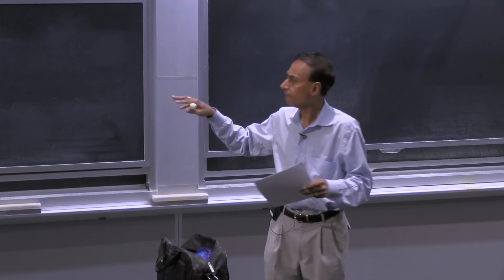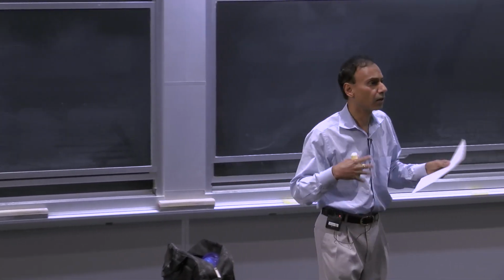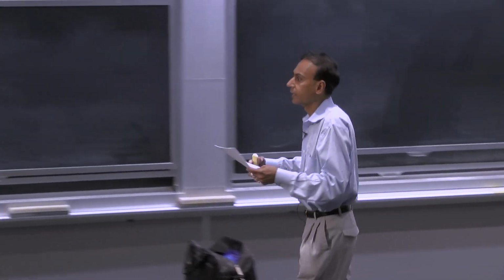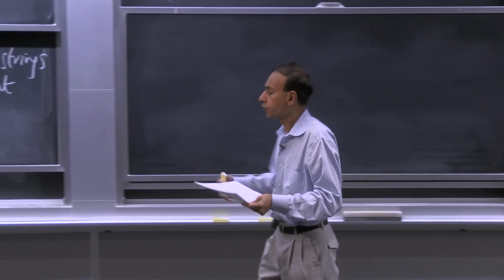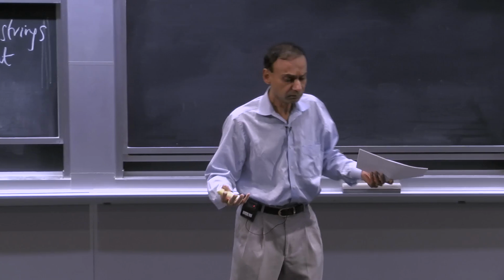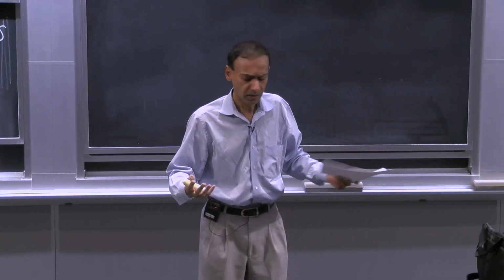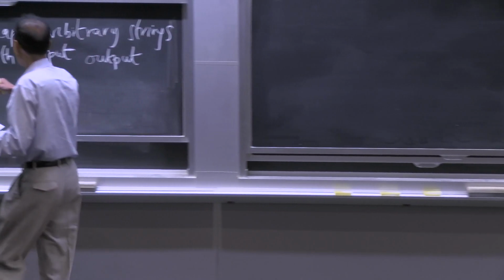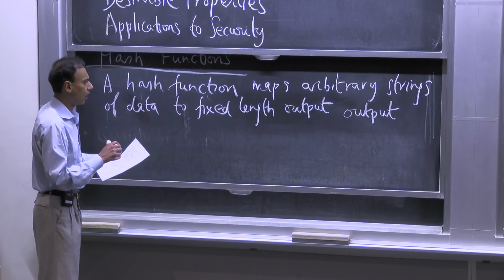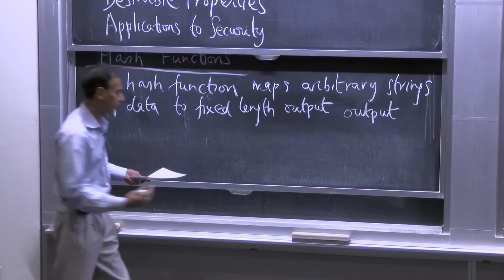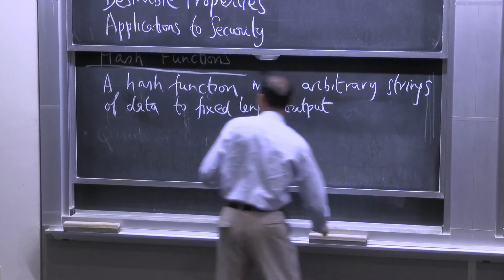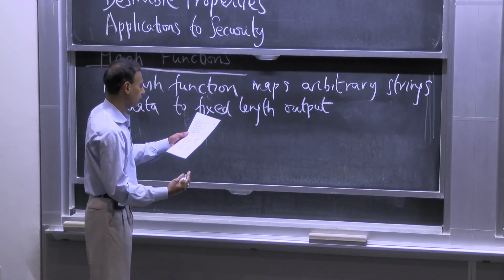And because the fixed length output is going to be something of the order of 160 bits or 256 bits, there's no way that you could store 2 raised to 160 elements in a hash table, or even 2 raised to 64, really. And so we're going to just assume that we're computing these hashes and using them for certain applications. So map it to a fixed length output.